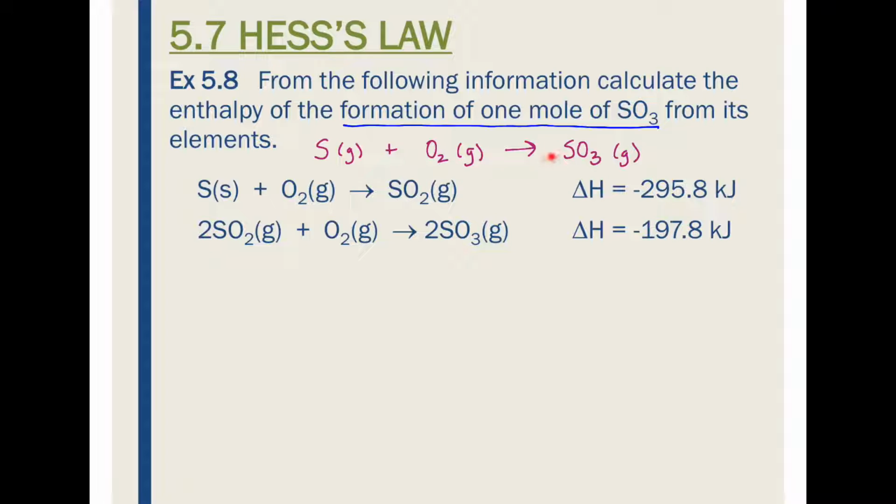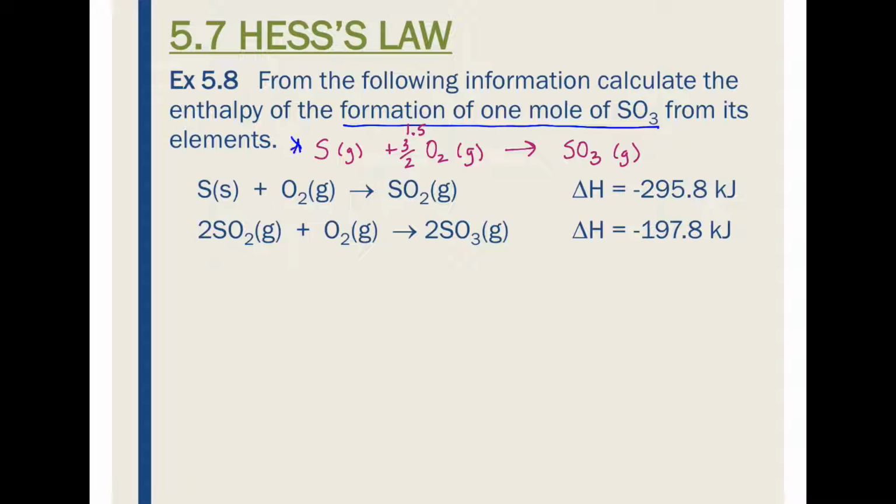But since this has to stay a 1, the only way that I can make 2 equal 3 is if I multiply this 2 by 1.5, or in other words, 3 halves, okay? So you can either write that as 3 halves, or if you'd rather, you can write that as 1.5. Either would work, okay? But now at this point, we have a balanced reaction.